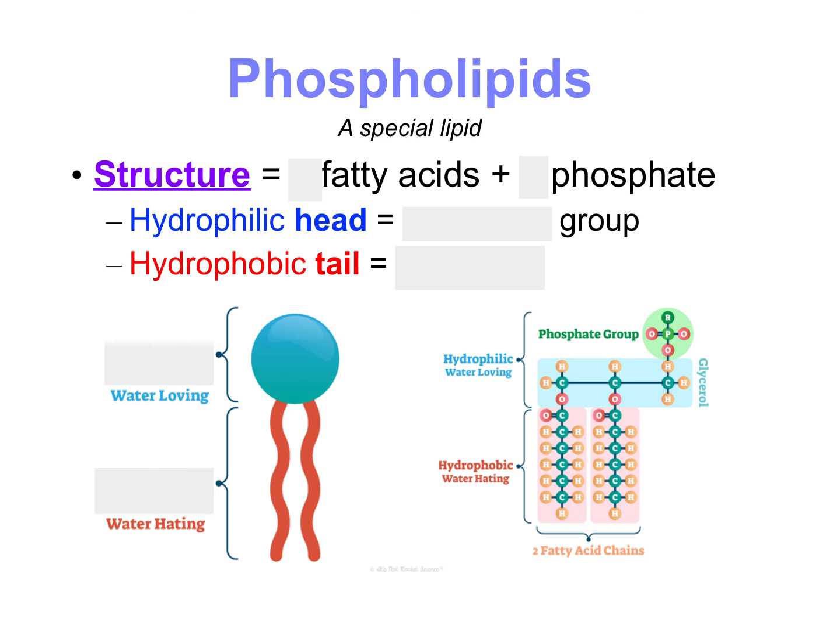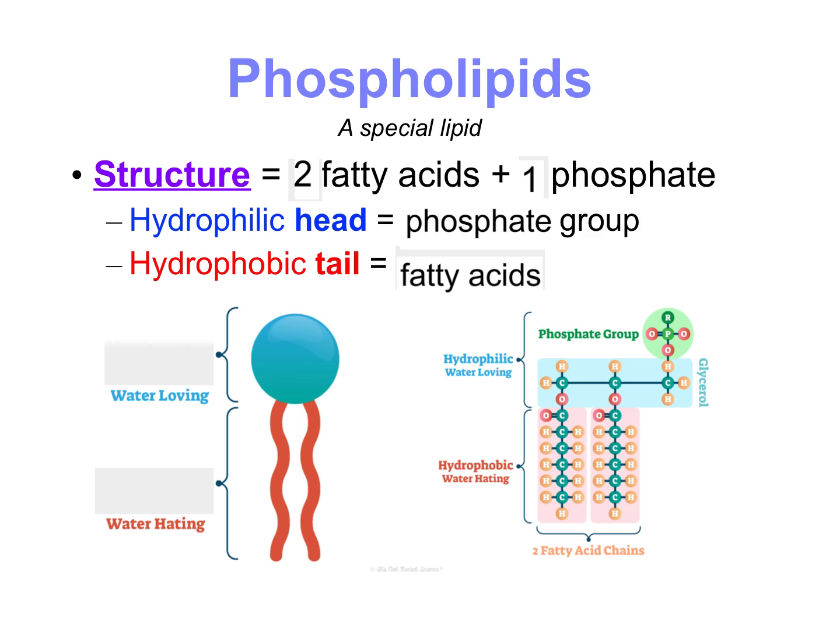So if we look at the structure, it is made up of 2 fatty acids and 1 phosphate group, which we can see down here. These are our fatty acids and 1 phosphate group. So we're going to call these heads and tails. So the head portion is hydrophilic, and it is made up of the phosphate group. The tail portion that's hydrophobic is made up of the fatty acids.